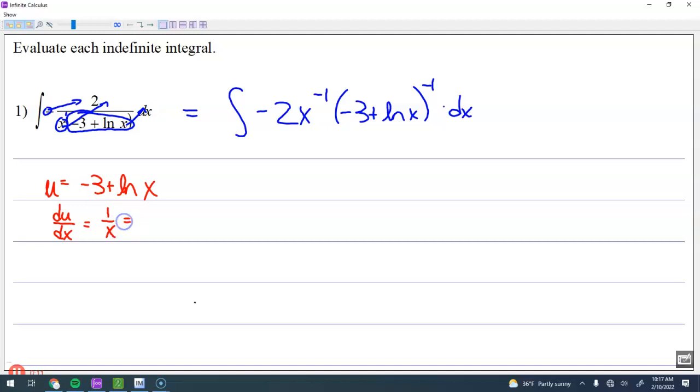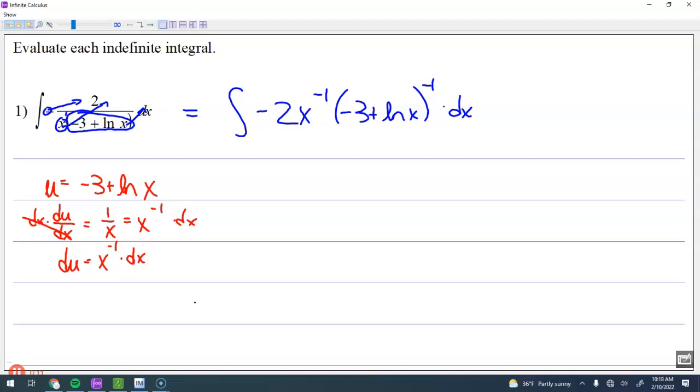Or if I'm thinking about it in terms of this problem, isn't that also x to the negative first? Those are the same. And then multiply both sides by dx. So we get du equals x to the negative 1 times dx.